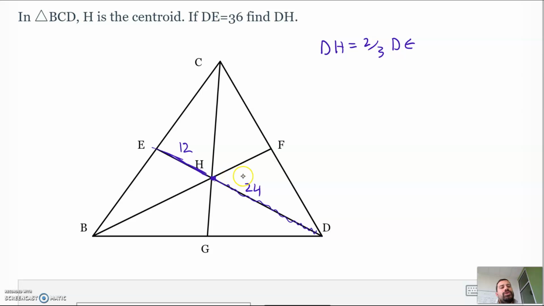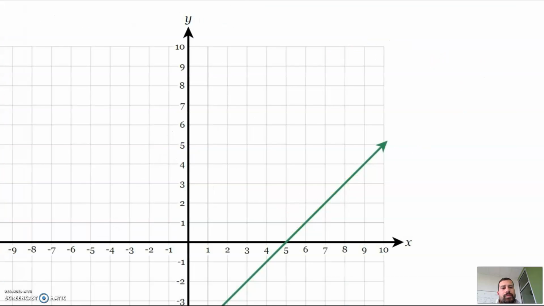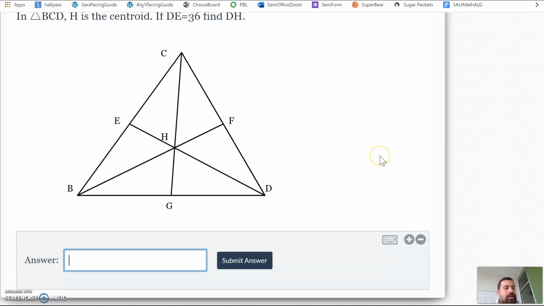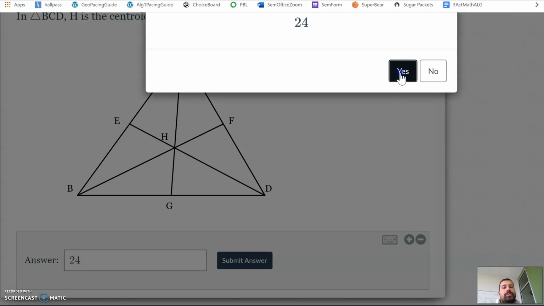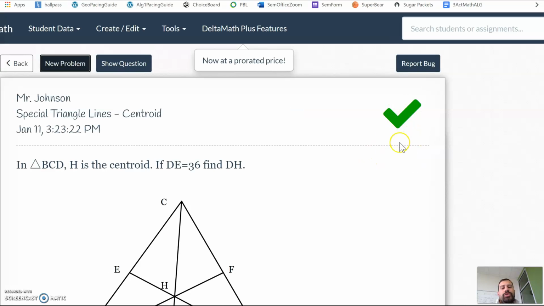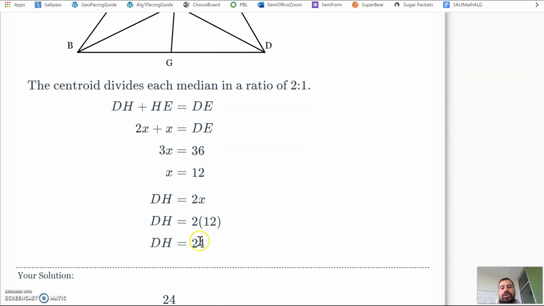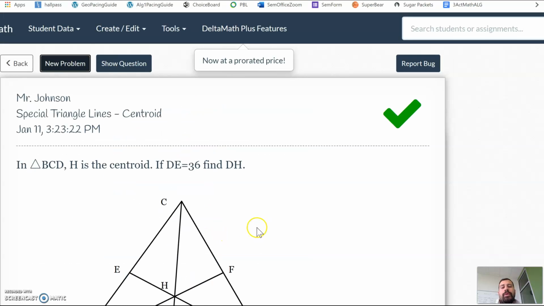So I wanted to remind you now. Okay, I'm going to go ahead and type that in. All right, we said that it was 24. And we got a little check mark here showing us that we did it correctly. And if you need some reminders on how it works, there's some steps down below.